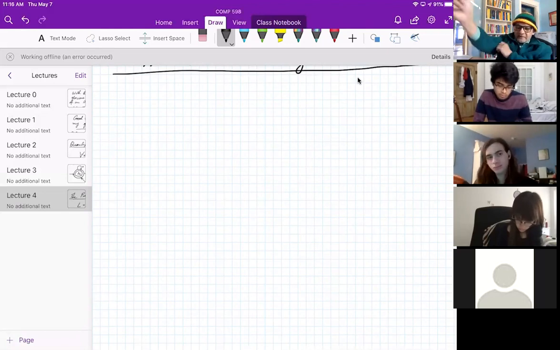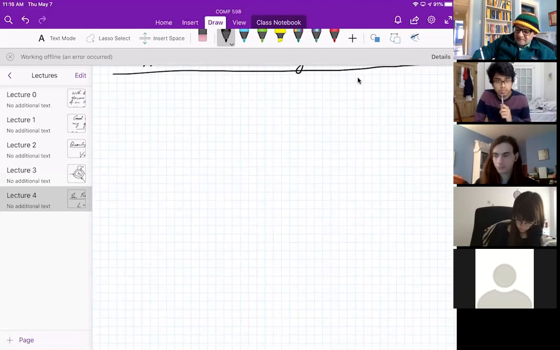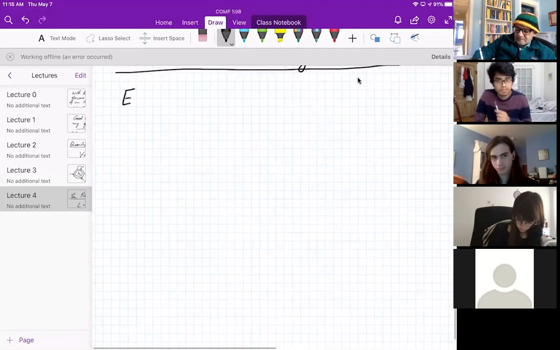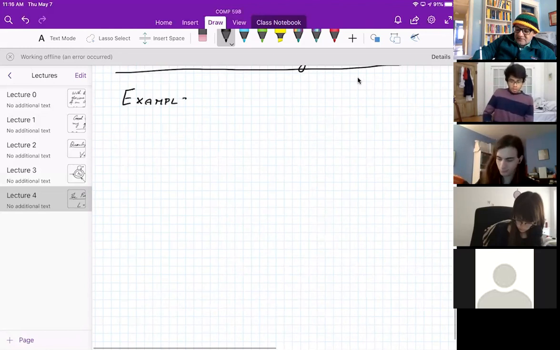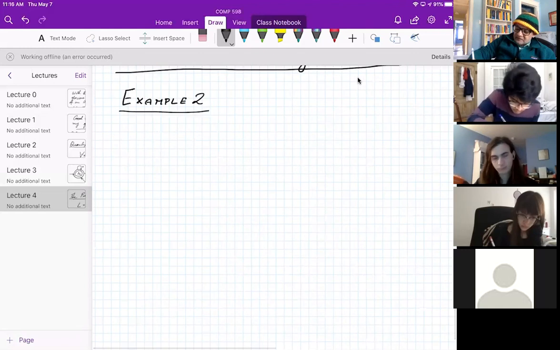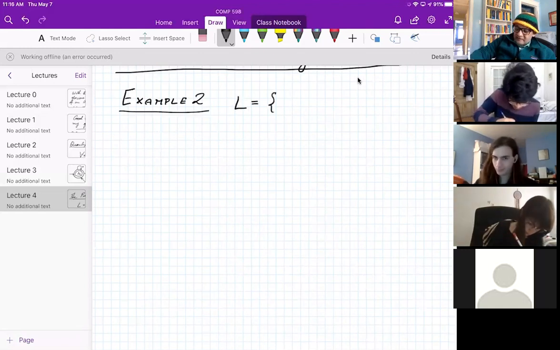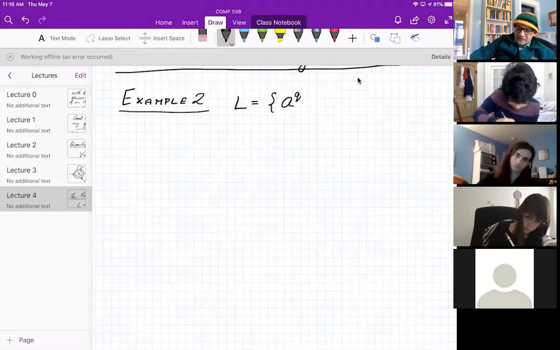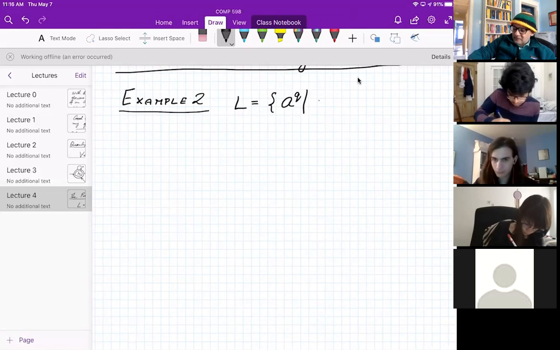From now to the break, it's just all examples. Example 2. The language is going to be over the one-letter alphabet, a to the q, q a prime number.